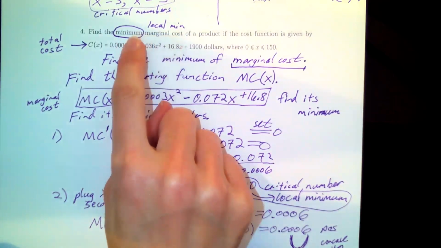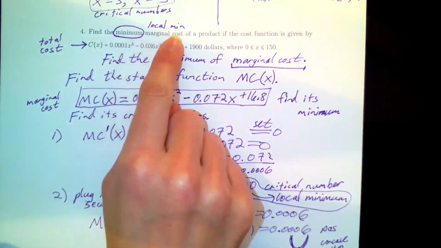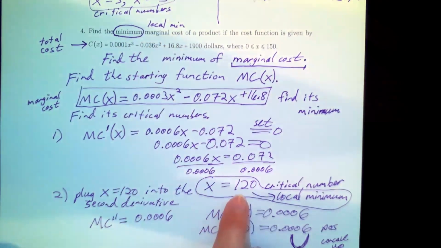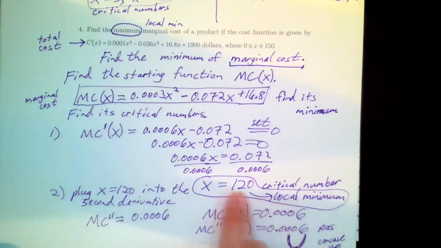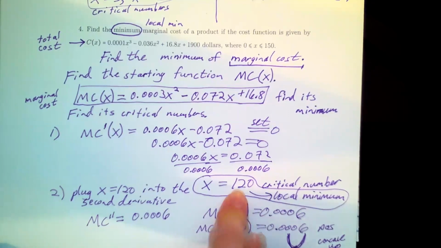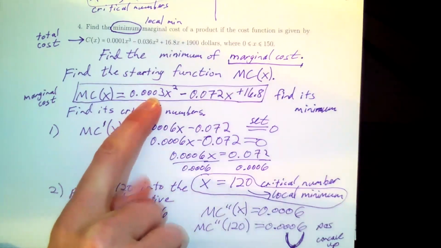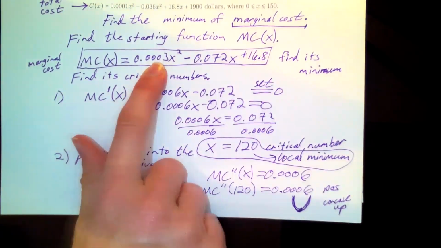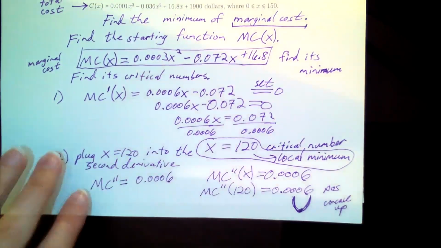Since it's asking for the marginal cost itself, that means it's wanting the corresponding, quote, y value of this x. So this x is how many items it would take to manufacture to get this minimum. But I need to take this and plug it back into the marginal cost function to actually get what that cost is.